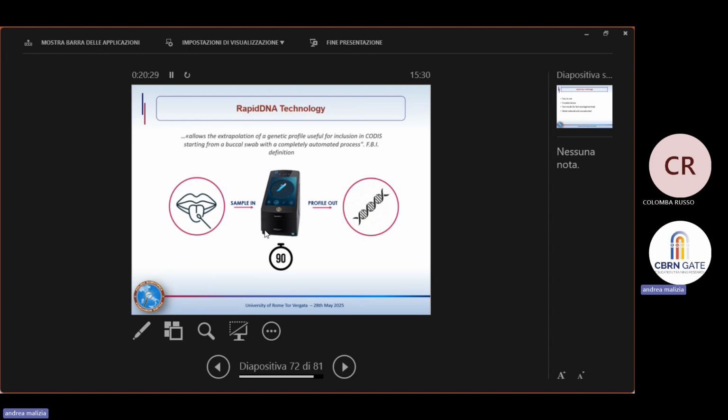It is currently used not in Italy, but in America because of their legislation. The FBI legislation for DNA uploading to the US national database allows the use of this instrument. In Italy it is not really possible, we have a different legislation, but it represents an aspect of the future.